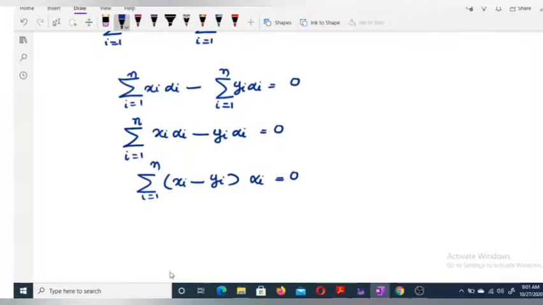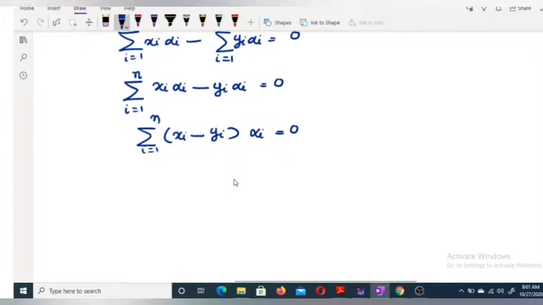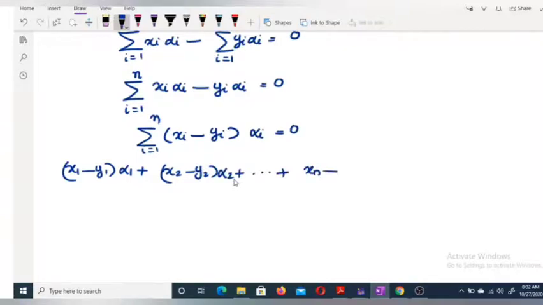If you look at this, this is actually x1 minus y1 times alpha 1 plus x2 minus y2 times alpha 2 plus etc. plus xn minus yn times alpha n. This is equal to 0.